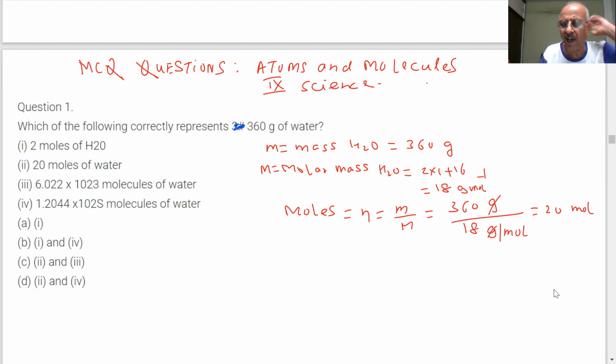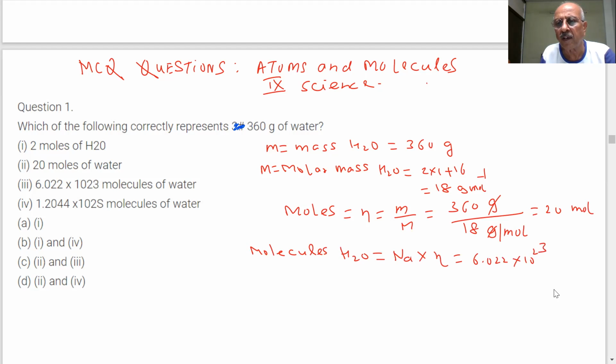How many molecules will be there? 6.022 into 10 power 23 molecules of H2O. Avogadro's number into moles: 6.022 into 10 power 23 into 20. What will be the answer, students?